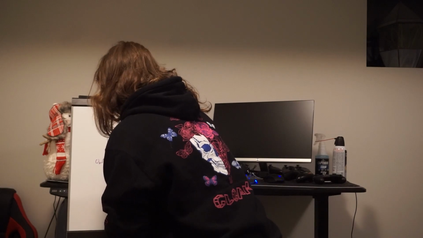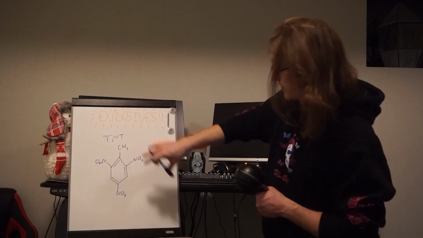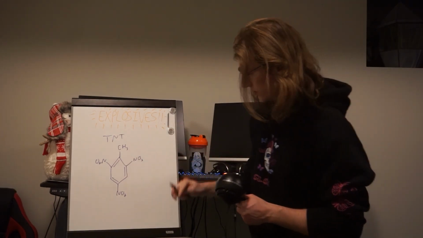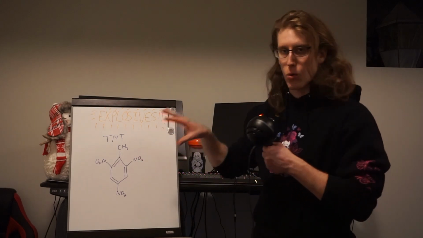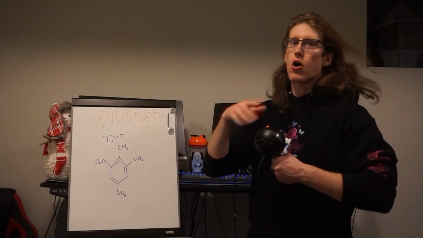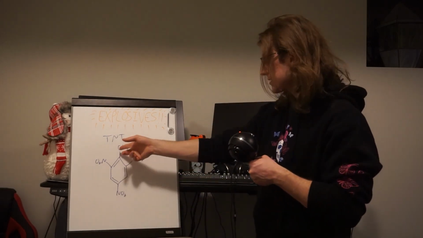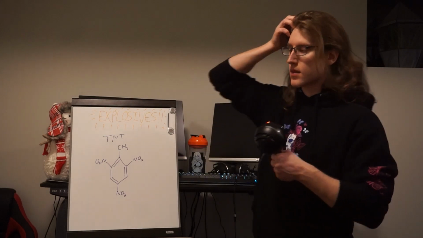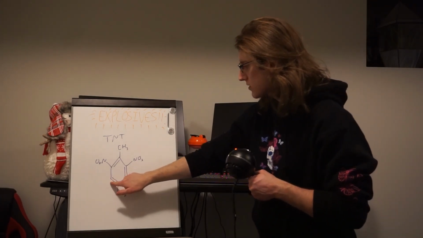Alright, so very quickly to explain this, because again, I haven't gone into bonding, this is what's called a Lewis diagram of an organic molecule. All you need to know is that the letters are their corresponding elements. Every N is a nitrogen, O is an oxygen, C is a carbon, H is hydrogen. The lines are bonds.